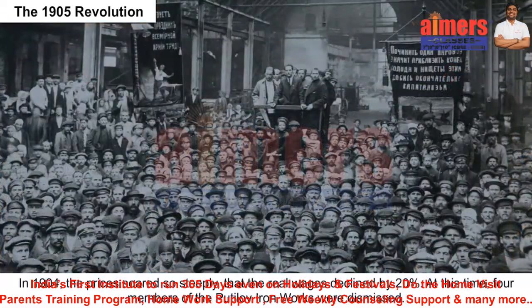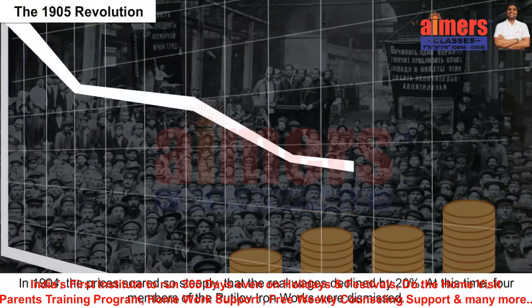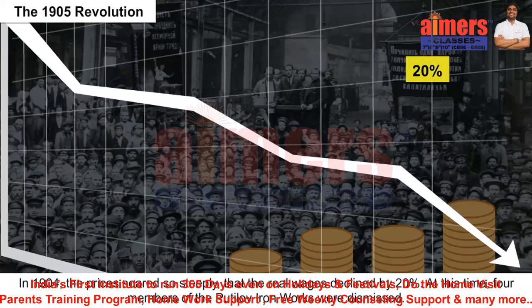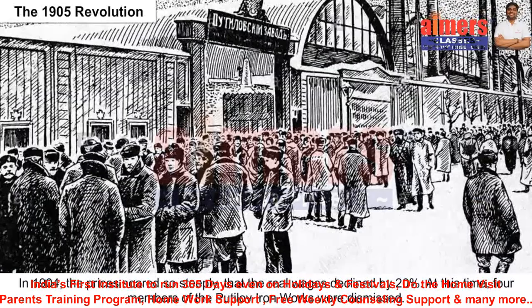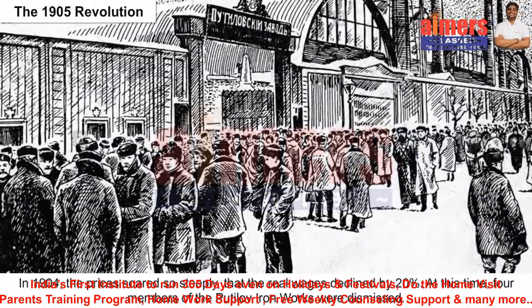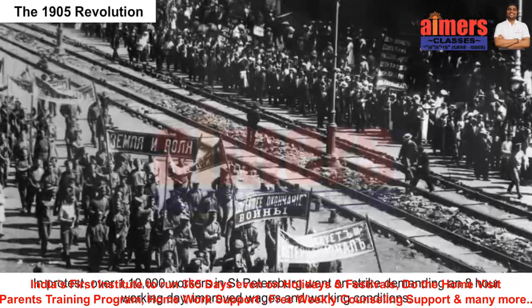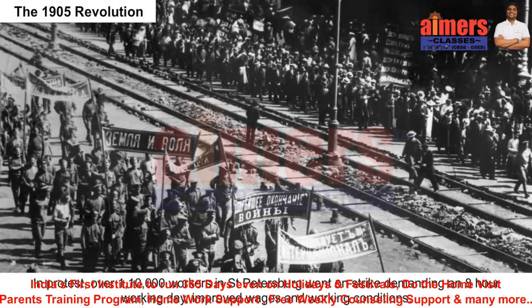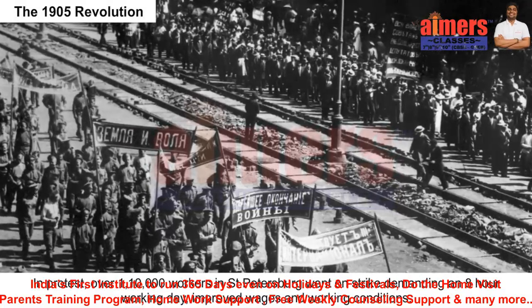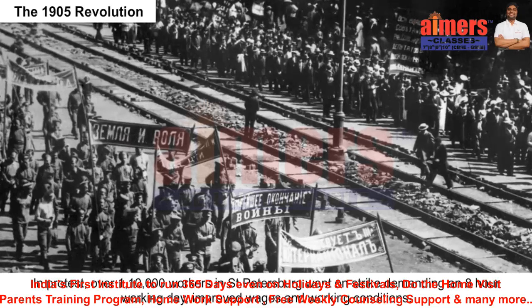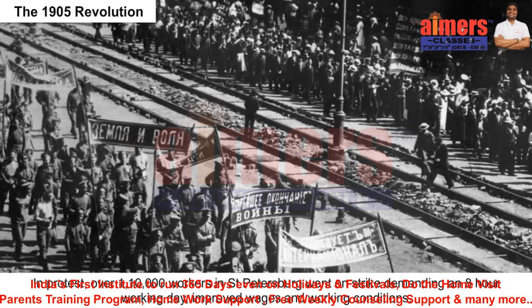In 1904, the prices soared so steeply that the real wages declined by 20%. At this time, 4 members of the Putilov Iron Works were dismissed. In protest, over 110,000 workers in St. Petersburg went on strike demanding an 8-hour working day, improved wages and working conditions.